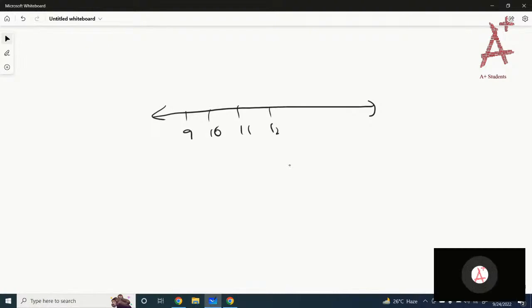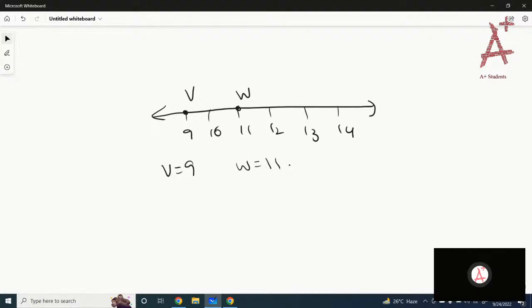Okay, great. What are the coordinates of the midpoint of VW? So you have 9, 10, 11, 12, 13, and 14. Here you have V and here you have W. So for the midpoint, you have to find the coordinates of V and W. The coordinate for V is 9 and the coordinate of W is 11.